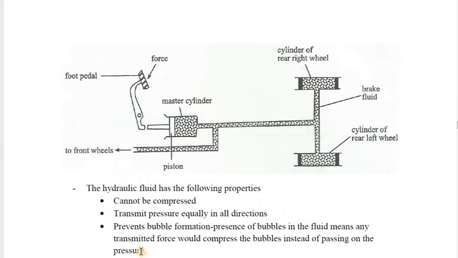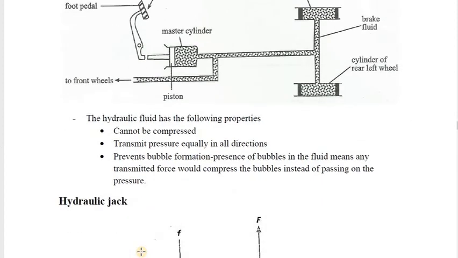You step on the brakes, they push a cylinder, and then fluid moves, brake fluid, and it causes the brakes to go onto the vehicle. Cylinder of rear left wheel or cylinder of right wheel. But the brake fluid is what then pushes the brake pads, and they cause your vehicle to stop.